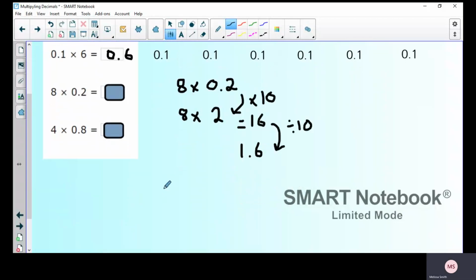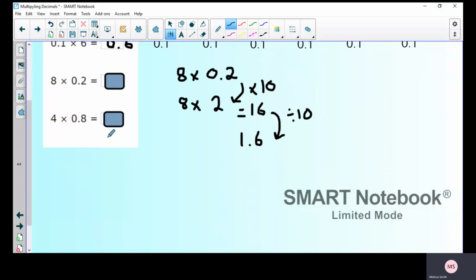Let's repeat that same process to this question here. So I've got 4 multiplied by 0.8. What do I need to do to my 0.8? I need to turn it into a whole number. So now I'm going to do 4 times 8 instead. What's 4 times 8? 32.